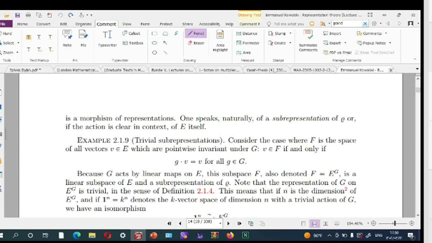It is very trivial that this is a linear subspace of E. And this is a sub-representation of rho and the representation on this space is trivial.